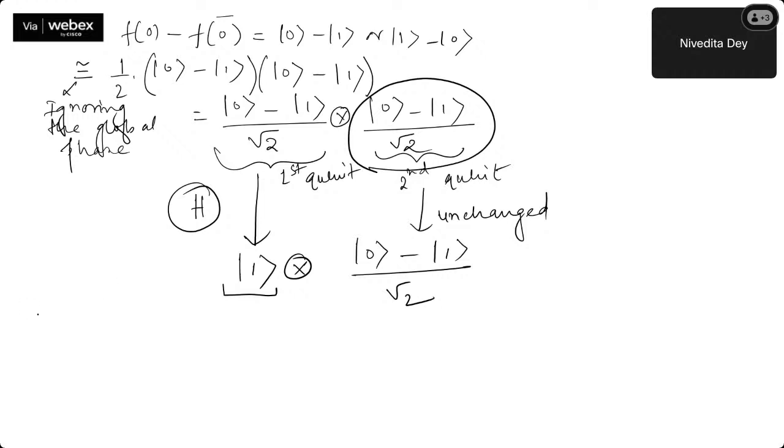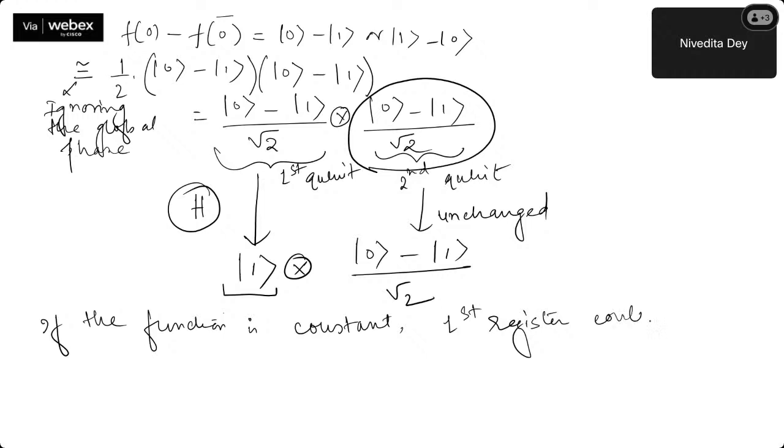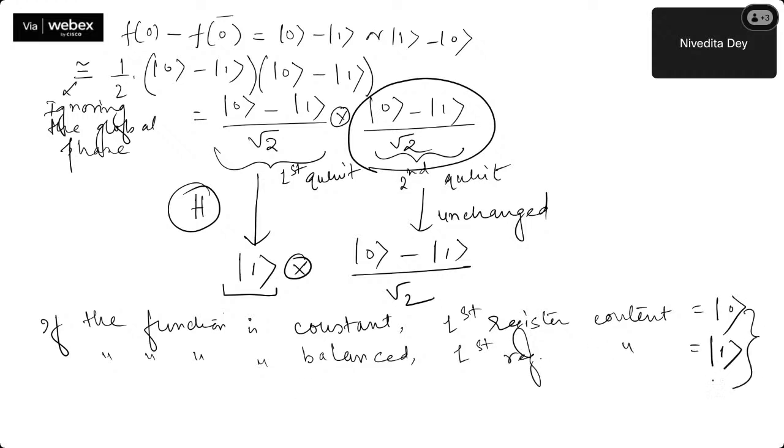You can conclude that if the function is, say, constant, your first register content will be ket0. And if the function is balanced, then your first register should give you output 1. How many queries are you making over here? Only one query.